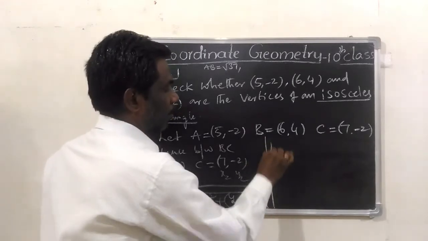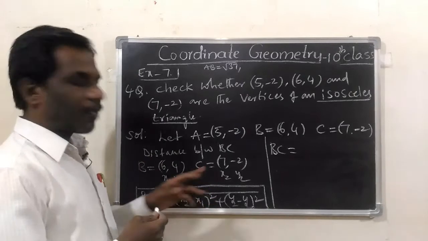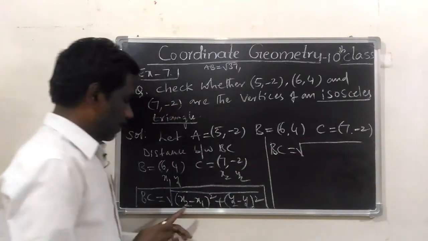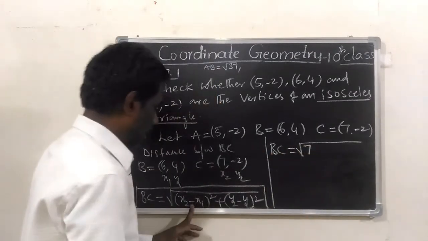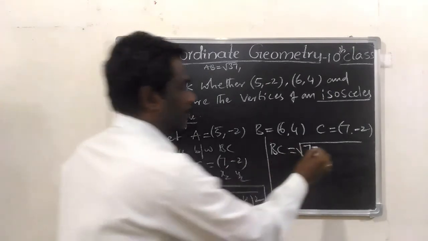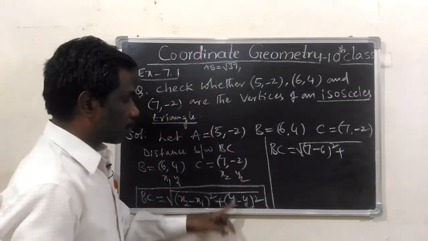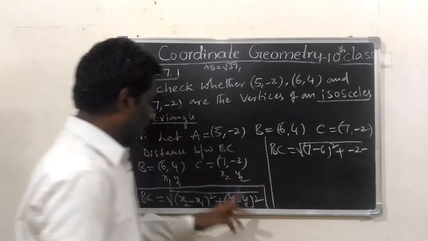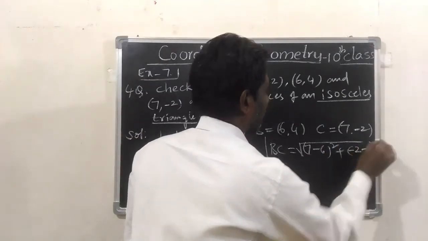This is the distance formula. Next, substitute B and C vertices in this formula. Under root of x2, which is 7, minus x1, which is 6, whole square, plus y2, which is -2, minus y1, which is 4, whole square.